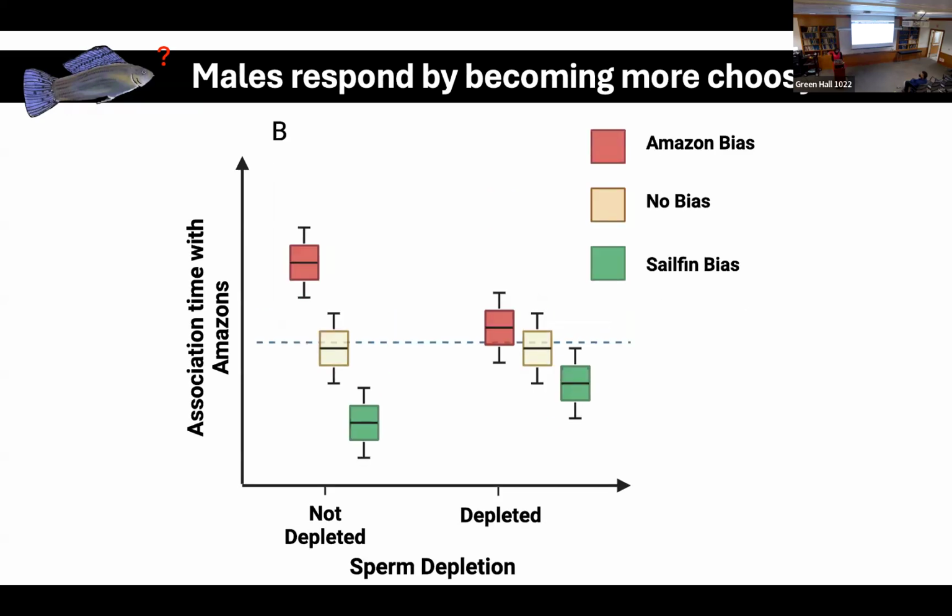However, if it's really expensive to recover those gametes and an incorrect mating could set them back, if they have a really long refractory period, maybe they want to be more prudent with their choice and become more choosy when they are slightly sperm depleted. So this is what I expect when just thinking about development experience and mating experience, and then thinking about state of sperm limitation.